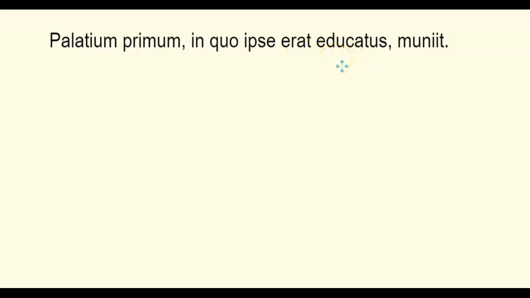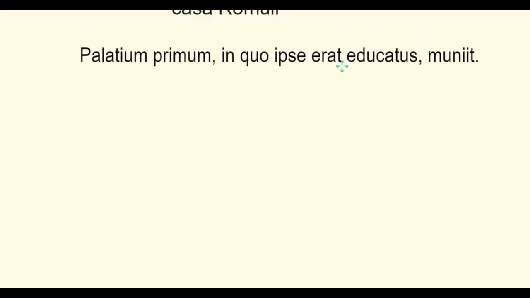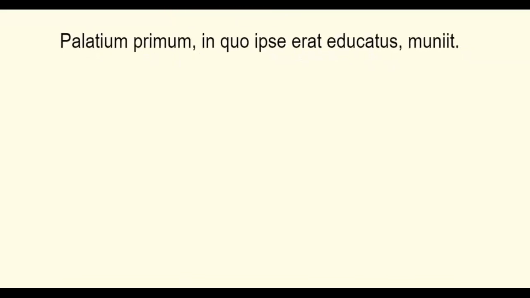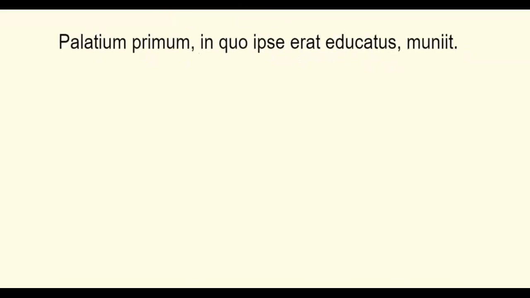Now, if you've made it to minute 12 of my musings about this sentence, maybe you would like to have a bit of extra information. Can you think of any words in English coming from Palatium, or in any other language? Yes, so our word palace comes from Palatium.